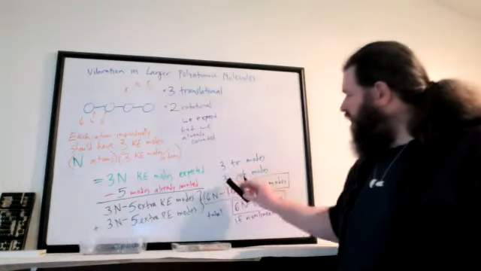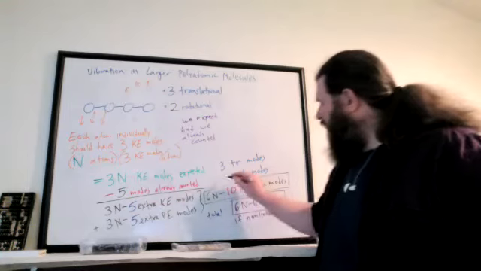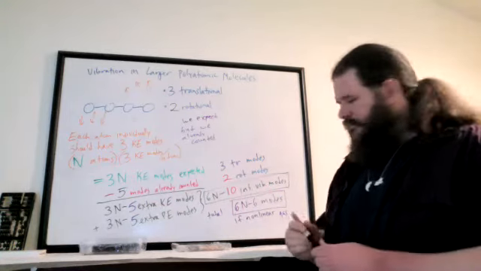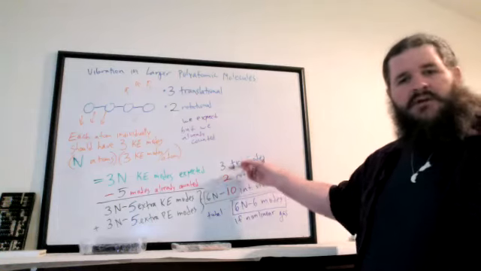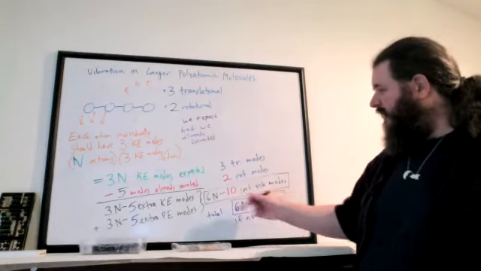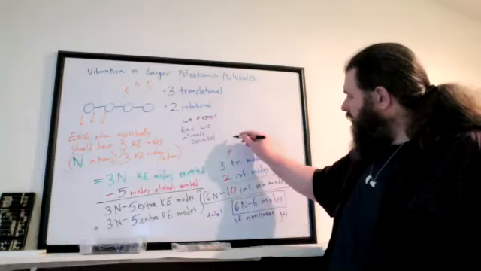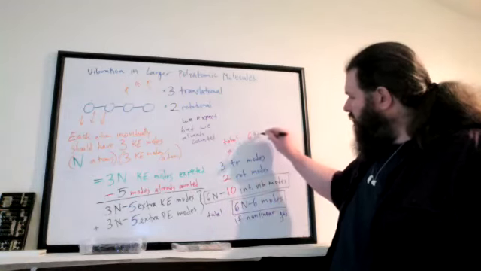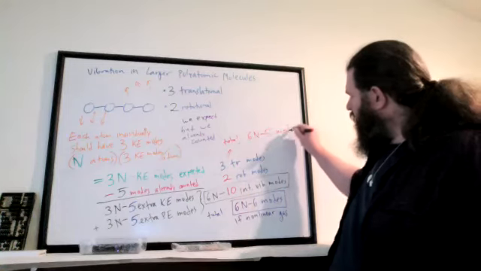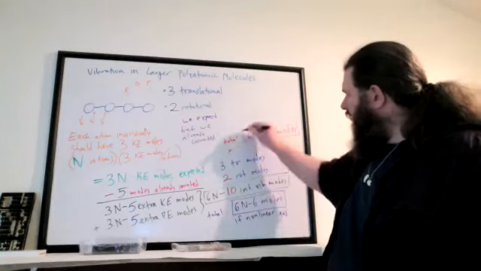We still have 3 translational modes, but we'd only have 2 rotational modes. So if we add these up, 3 and 2 combine to 5, partially cancels out the minus 10 to get minus 5. So we get a total of 6n minus 5 modes if it's a linear gas.